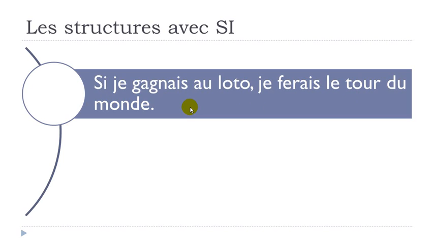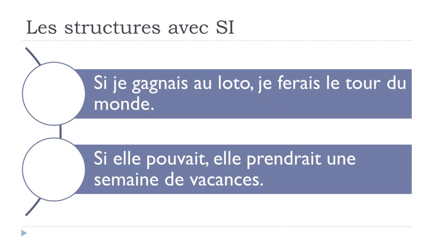Okay, and then the idea is that here it's a desire, it's something that you would like to do, but maybe it would happen, but you're not sure about that. Okay, so si je gagnais au loto, je ferais le tour du monde. And then the second example, si elle pouvait, elle prendrait une semaine de vacances. Okay, so here you've got this pouvoir form, can, and it's at the imparfait form, and it's followed by the conditionnel présent.